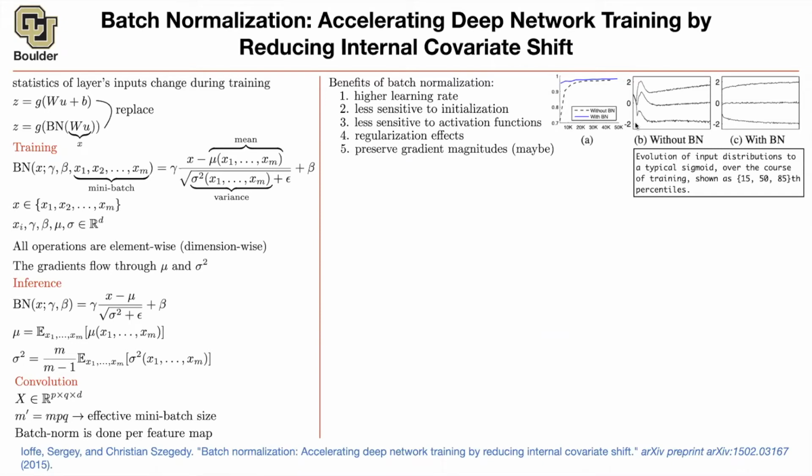But then to see a concept of covariate shift, the input to a particular activation, G, is, for instance, in this case, it's going to be WU plus B. That input, you can take its mean and variance.